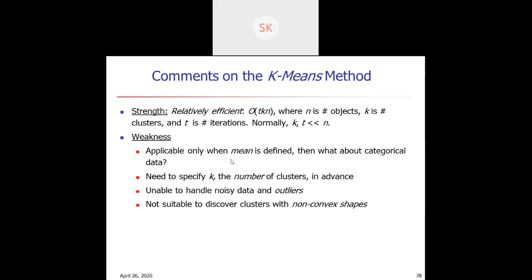Now, it is applicable only when the mean is defined. Then what about the categorical data? What we can do is preprocess it and assign numbers to the categories. But again, it will not work that well.